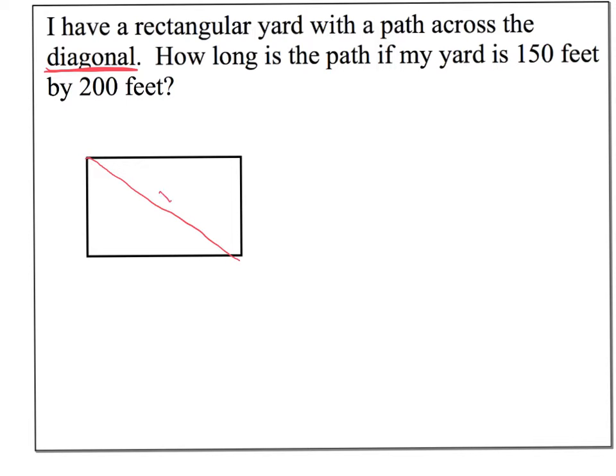The question is, how long is this path? Oops, that's supposed to be a question mark, but it looks like a square. If your yard is 150 feet, I'll put it on the short side, by 200 feet, how long is your path? And I'll just use a question mark.